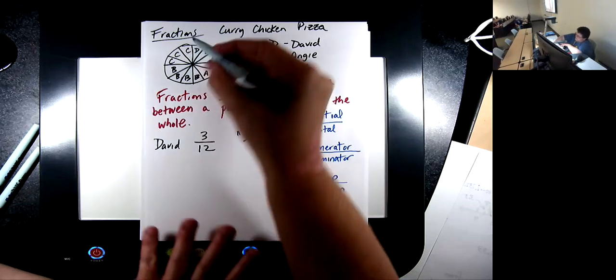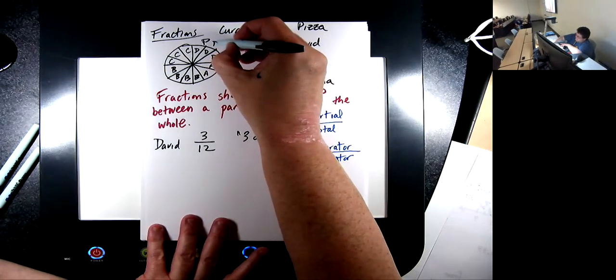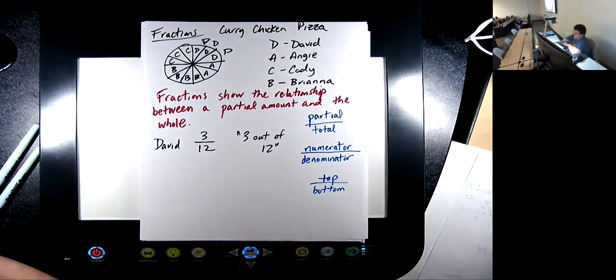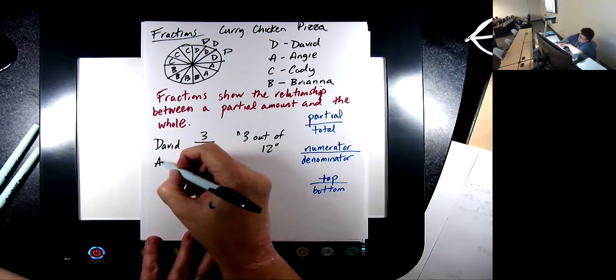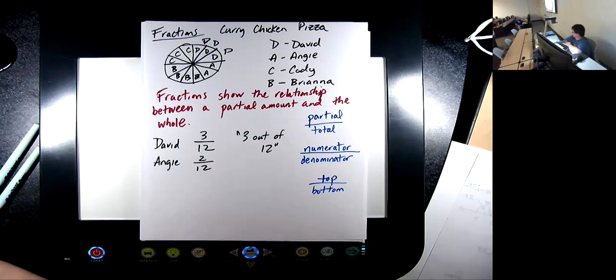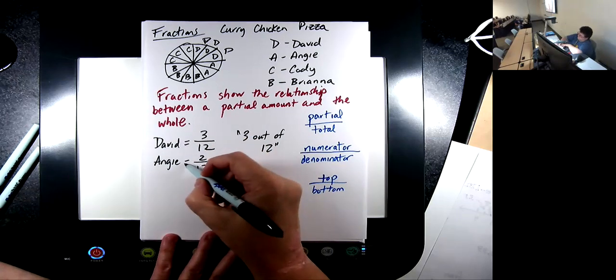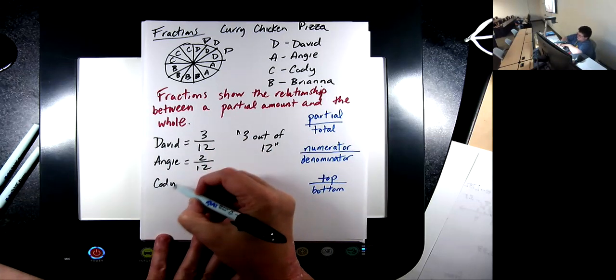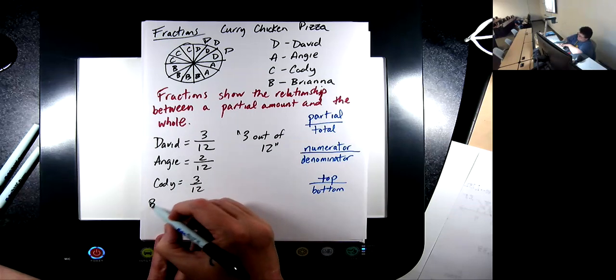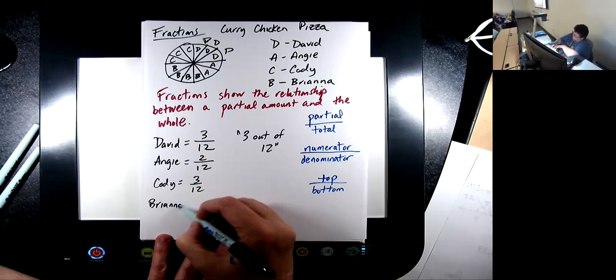My 3 slices are right here, D, D, D. Okay. Angie has 2 slices out of 12. Cody has 3 slices out of 12. And Brianna has 4 out of 12.